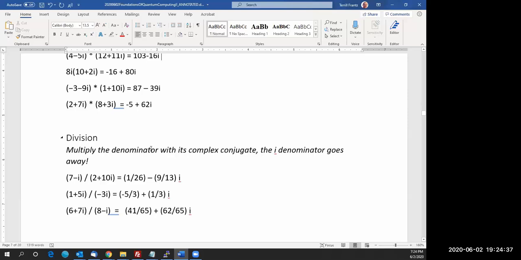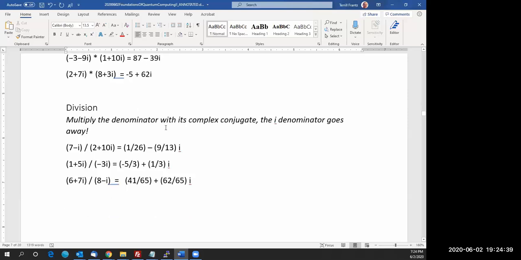So next we have the division, which is a little bit different mechanically, but the way you, man, I really need the pen now. The way you do this is, really the strategy is you want to get rid of the complex number.